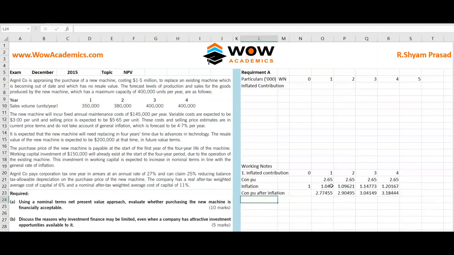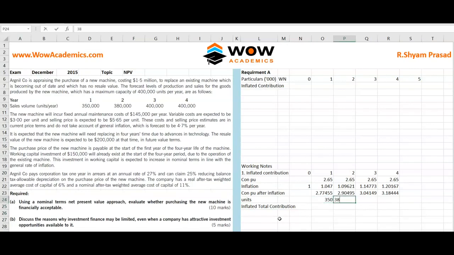That's done, but this is a per unit number. What we want is not per unit. We want the inflated contribution, or in a better word, the inflated total contribution. So we'll take the units. The unit is 350 because we are working out the entire problem in terms of thousands.